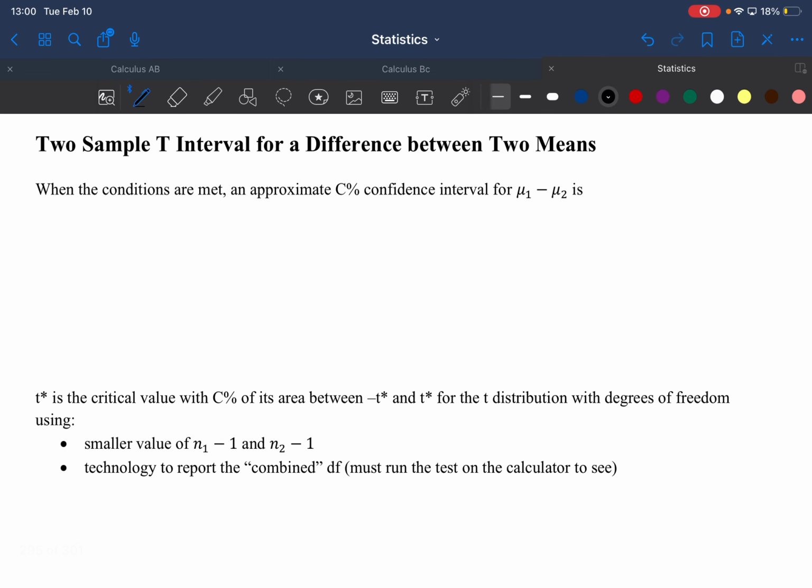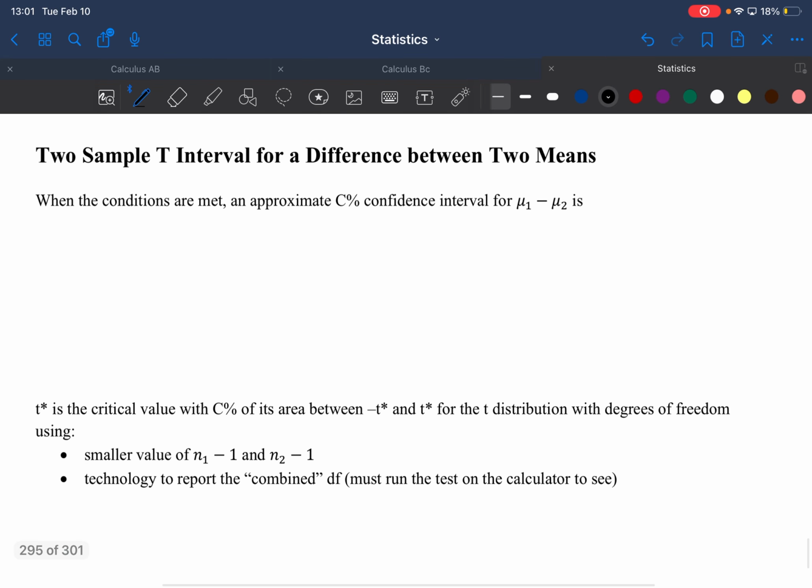Okay, so now that brings us to the two sample t interval for a difference between two means. This is technically the name of the inference, but when we're doing the example FRQ, I'm going to write it in shorthand so you don't have to write that whole thing. Remember, for each inference, we're given a formula. We don't have to use the formula because we have Desmos.